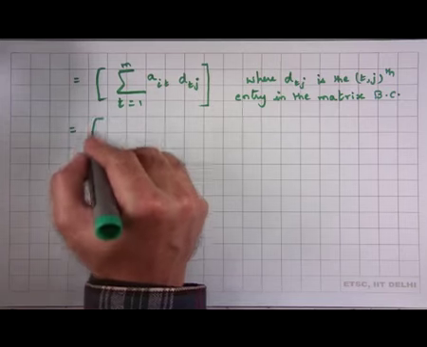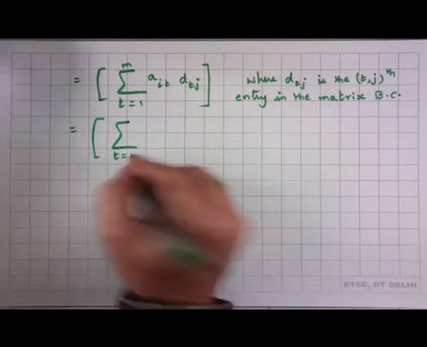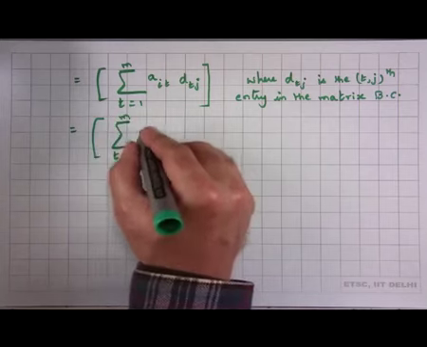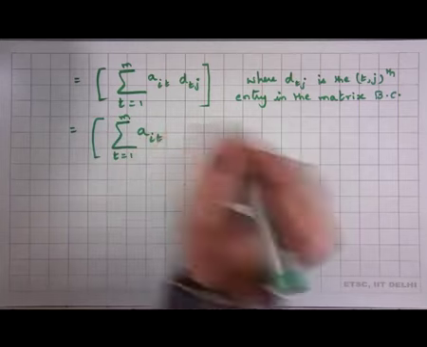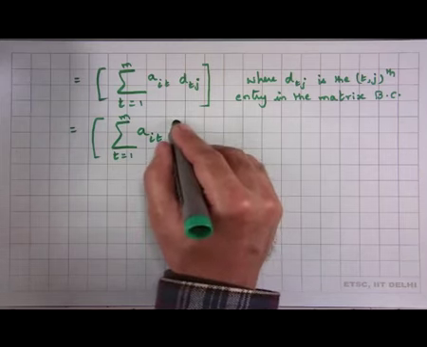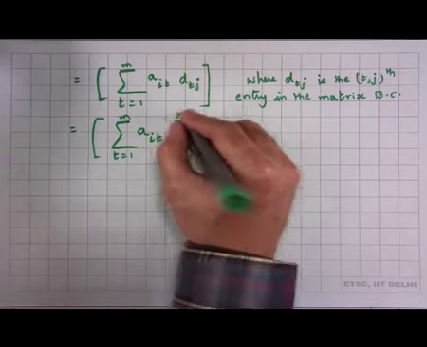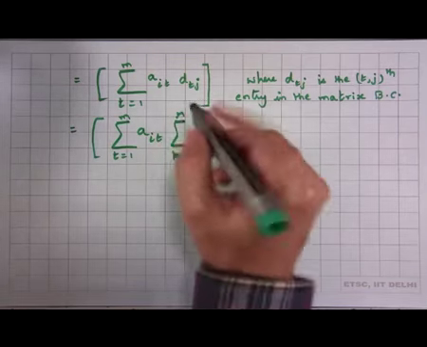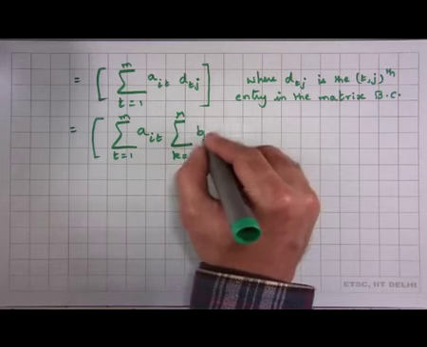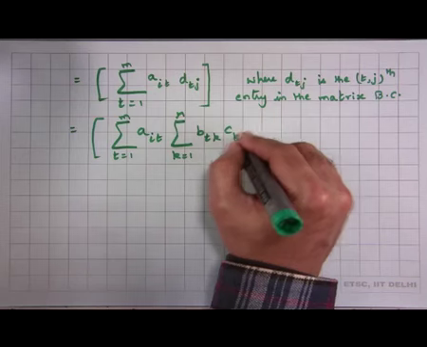So, this is going to be equal to summation t running from 1 to m, a_it and d_tj, let us write it down, summation k running from 1 to r, b_tk c_kj.